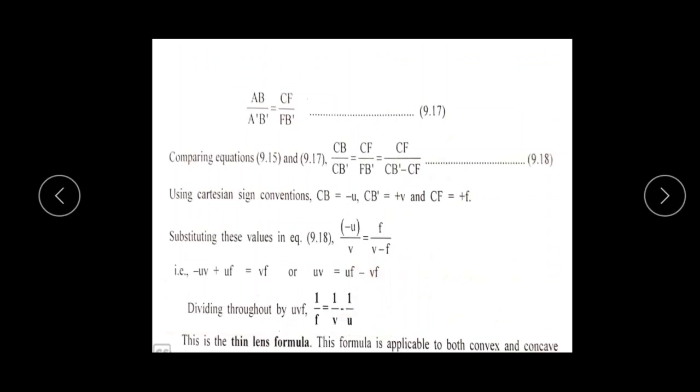VF gets cancelled, and the remaining term is 1 by U. This is the relation between object distance U, image distance V, and focal length F. It is also called the thin lens formula. This formula is applicable for both convex as well as concave lenses. So the thin lens formula is 1 by F equals 1 by V minus 1 by U.